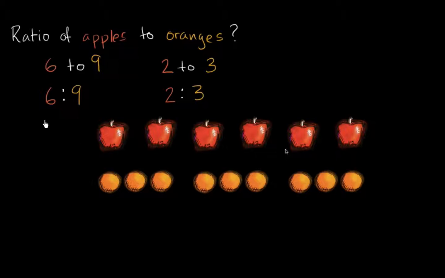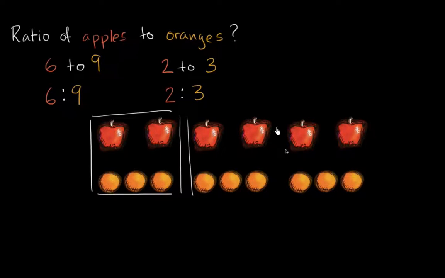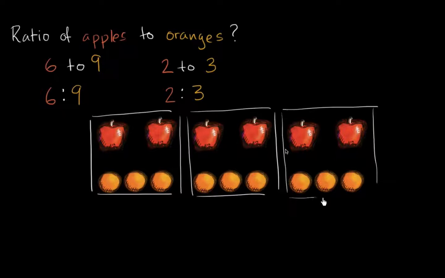So if you divide this whole total into 3 groups, one group, two groups, and 3 equal groups, we see that in each of those groups, for every 2 apples, we have 3 oranges. So, once again, the ratio of apples to oranges, for every 2 apples, we have 3 oranges.